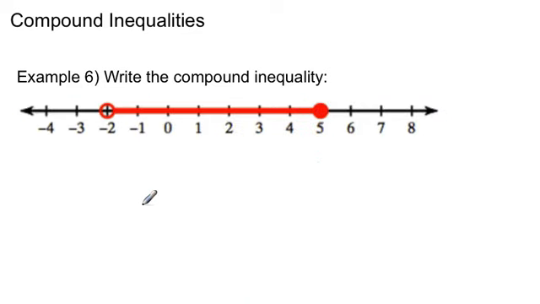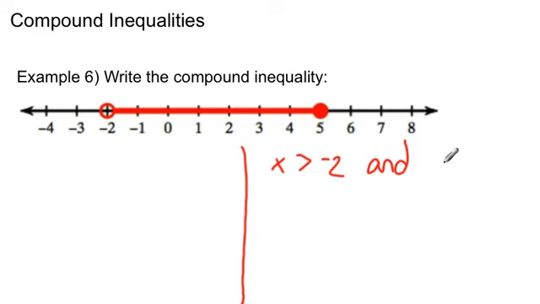For this one, we can see that this is an AND statement. I'll do the same thing where I write it both ways. Since I know it's an AND statement, it's talking about the space in between, I can go in here and say that x has to be greater than -2. Or if I look at my other side, x has to be less than or equal to 5.